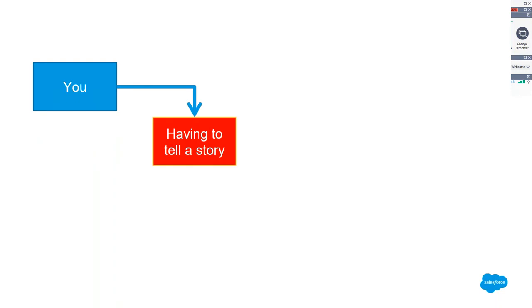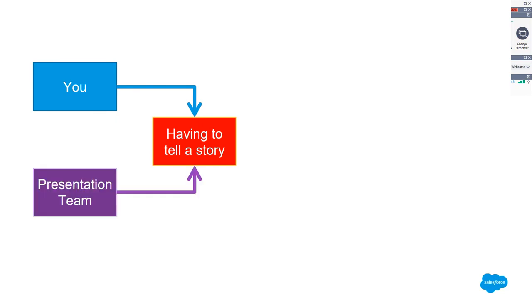I just told you a story, right? I actually practiced what I preached here. Who's the hero? You are the hero. You, the presenter, are the hero. And your challenge, as I stated at the beginning, is having to tell a story. Having, instead of just sharing your content and technology, turning it into a story form. Which means the villain is me, the presentation team. All these people telling you to tell a story.